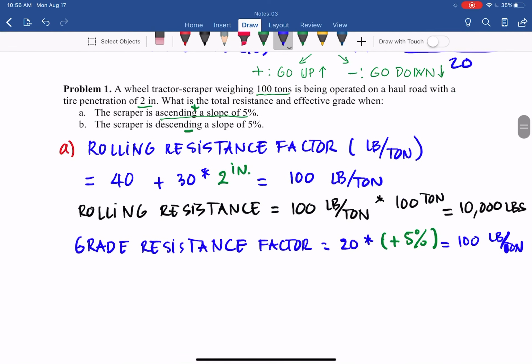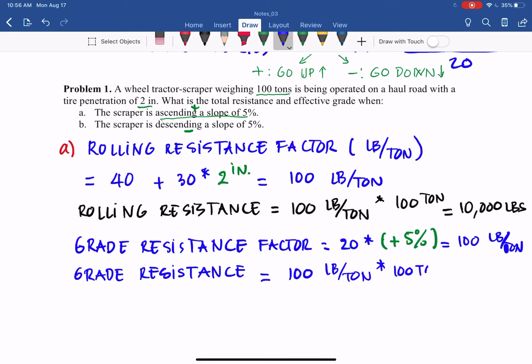Then we can have the grade resistance. It equals the grade resistance factor times the vehicle weight, 100. Again, we cancel out the ton, so you will also get 10,000 pounds.